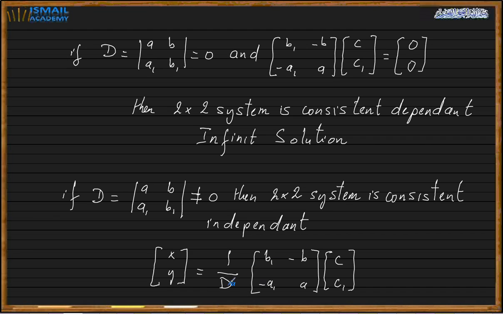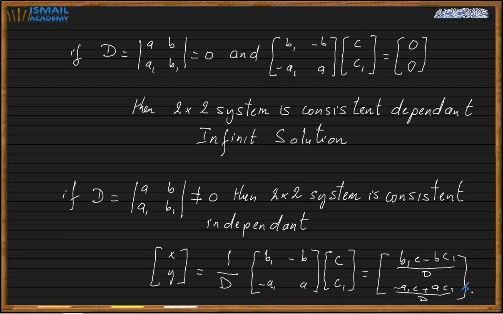So when you multiply those two and you divide each entry by the determinant, you will get the first entry as x and the second one as y. So at the end you will have b1c minus bc1 over D, this is for x, and minus a1c plus ac1 over D, and this will be your y. So this is the concept behind how to solve a 2 by 2 system of equations using inverse matrix.